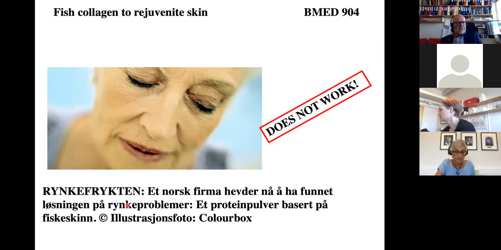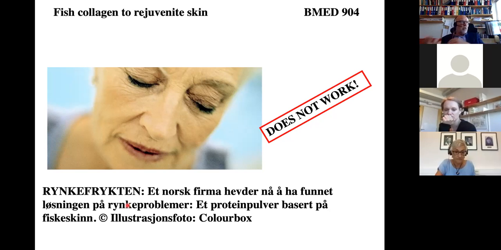Last time Marin and I were in San Francisco, we could even get collagen water when we went into the nearest grocery store. So collagen has become very popular to take as pills and to have it supplemented in the water.